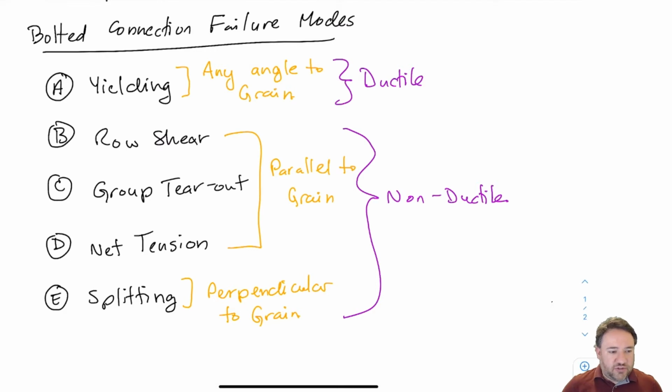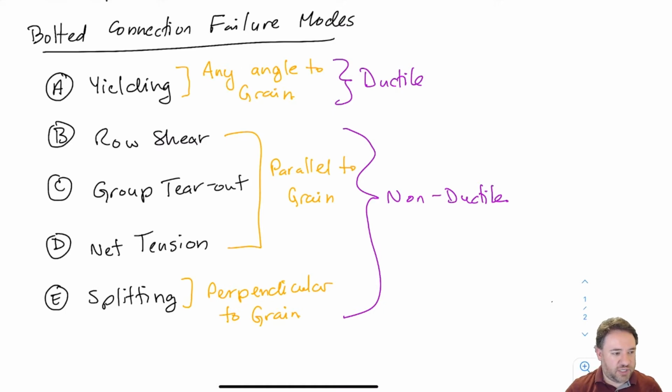So those are the parallel to grain failure modes, and then we have a perpendicular to grain failure mode, which is if I have my bolt like this and I'm pulling down, which means I'm pulling my wood across in the tension perpendicular to grain direction, which we have talked about at length as being generally a pretty bad idea if you can avoid doing perpendicular to grain stresses, because it's the absolute weakest way that you can load a piece of wood. So this is the only perpendicular to grain strength check that we have in the standard for bolted connections for wood, and it is very weak, and we're going to see how to do that.